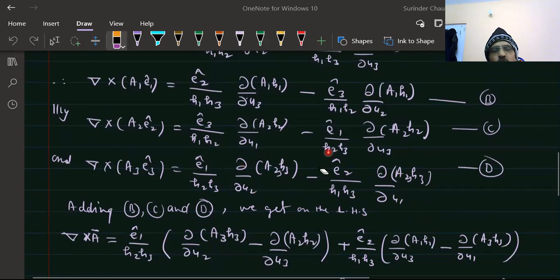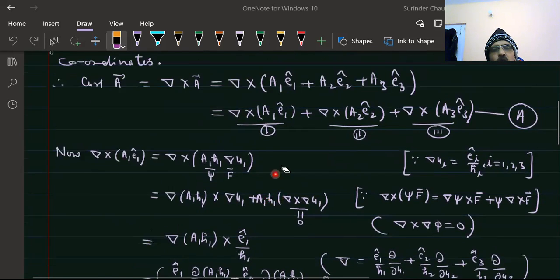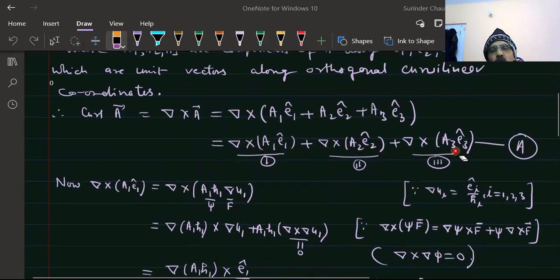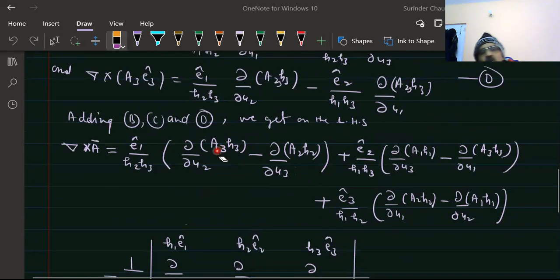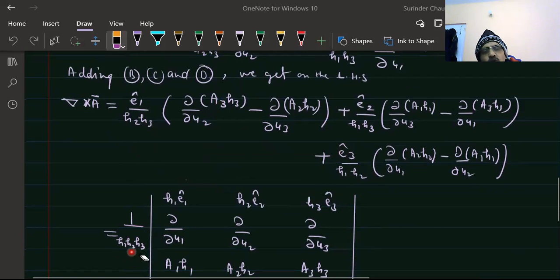Now substitute these values in equation A. After substituting these values, we get these terms. Now multiply by h1 and divide by h1, multiply by h2 and divide by h2, multiply by h3 and divide by h3, and 1 upon h1 h2 h3 is common.